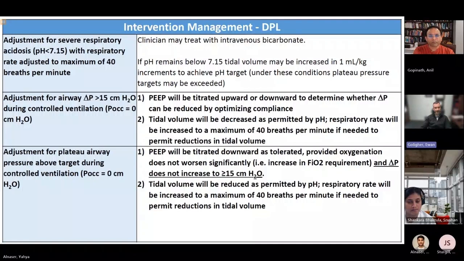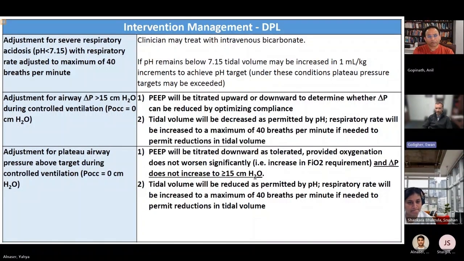If the driving pressure is above 15, the first step would be to try adjusting the PEEP upward or downward to see if you can optimize compliance. If that doesn't work, you can decrease the tidal volume as permitted by the pH. Again, you're allowed to increase the respiratory rate up to 40 to facilitate that.